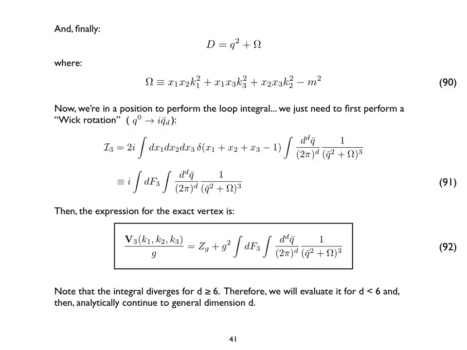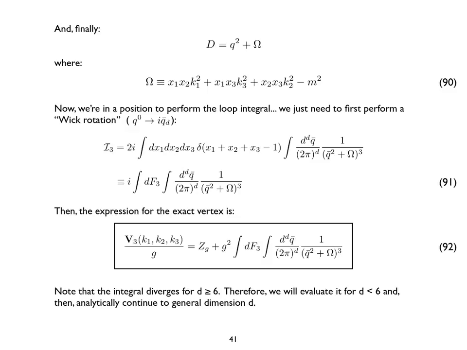Right, and so I can plug that back in, and I get the total vertex, up to next to leading order, once I divide out the g. It goes like this: the Zg, and then the g squared term, and then here's our integral that we want to do.